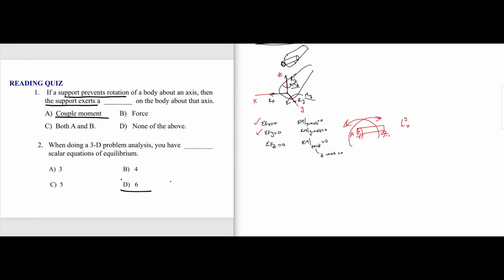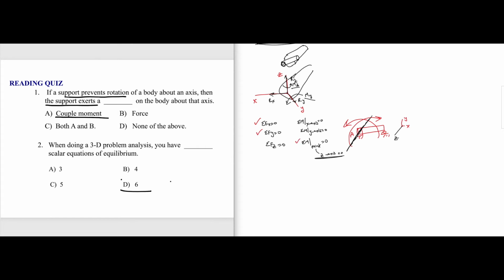That means aren't these rotations with respect to an axis that is perpendicular to the plane of this page or our computer screen, which is coming out of the computer screen? That means, isn't it coming out perpendicular to both x and y? And what is that axis that is perpendicular to both x and y? Isn't it z? That means knowingly or unknowingly, in 2D problems, what we were doing was considering moments with respect to a point equal to 0, which means we are taking moments with respect to z-axis equal to 0. So in 2D problems, this is the equation we were using.